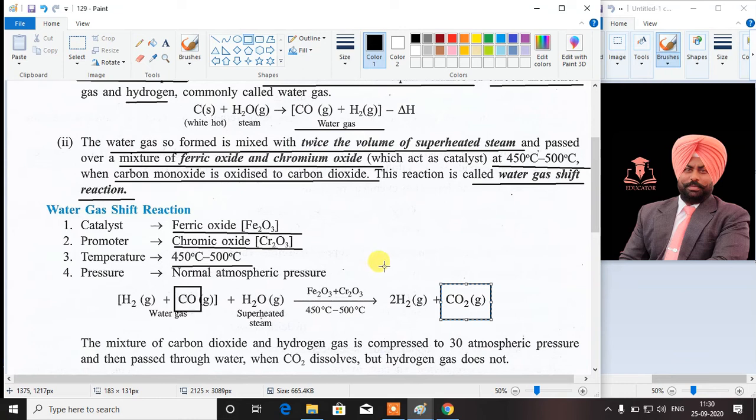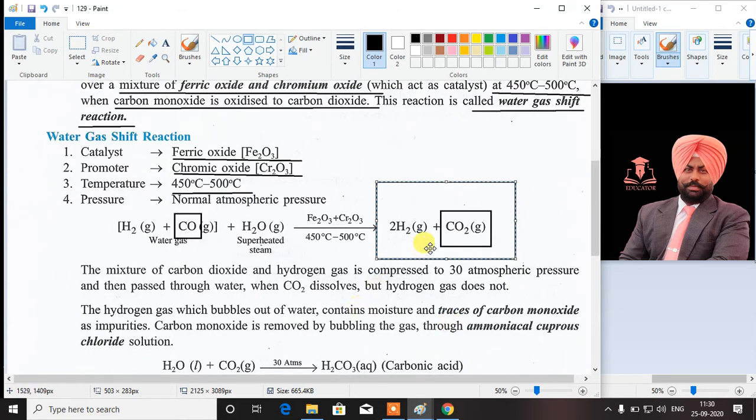Now, we have two different gases, hydrogen gas and carbon dioxide gas. Removing carbon dioxide gas is much easier than removing carbon monoxide gas. For removing this carbon dioxide gas, we have to compress the mixture of these two gases at 30 atmospheric pressure.